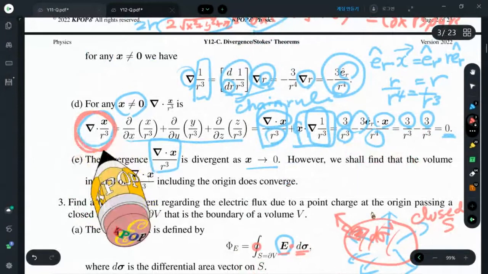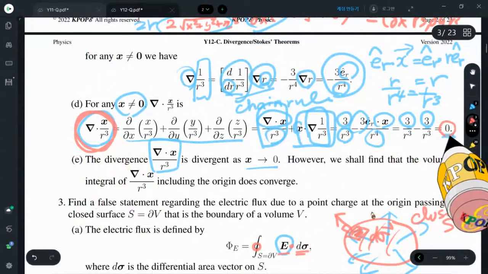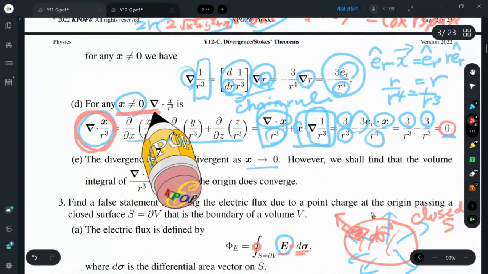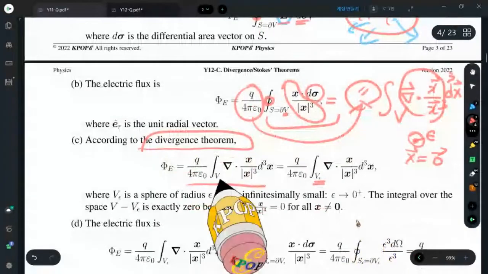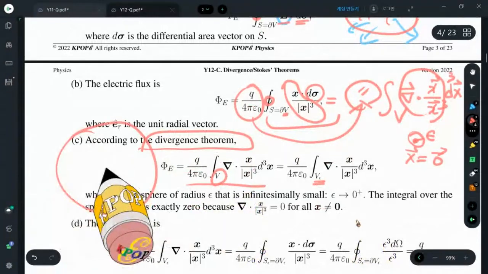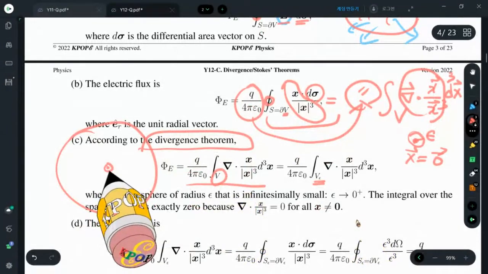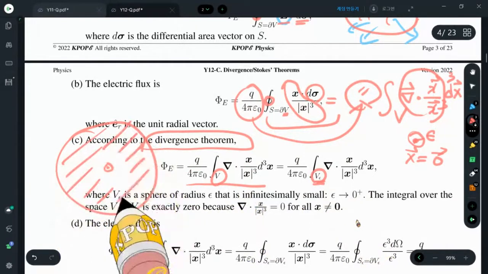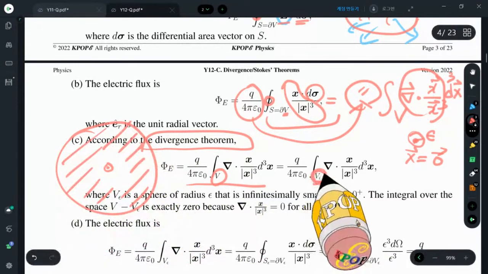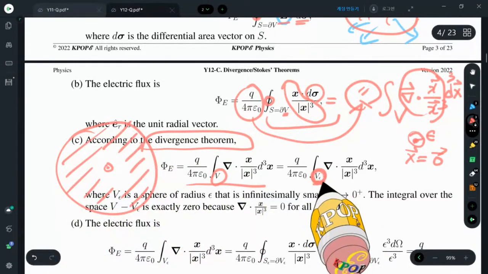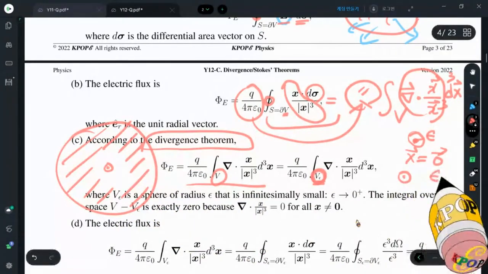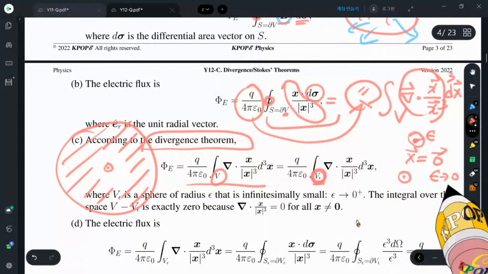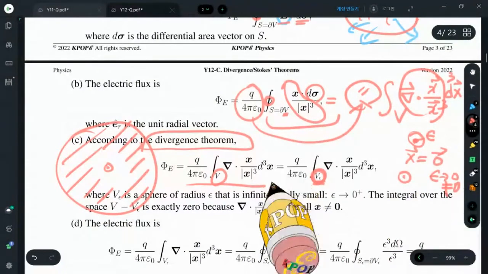The divergence of the inverse square law is exactly 0 except for x equals 0. So that's the reason why I have removed all of the big volume except for the tiny sphere that contains the origin. So this integral is exactly 0 except for a tiny contribution at the origin, surrounded by a sphere of radius epsilon that is approaching 0 but not equal to 0.